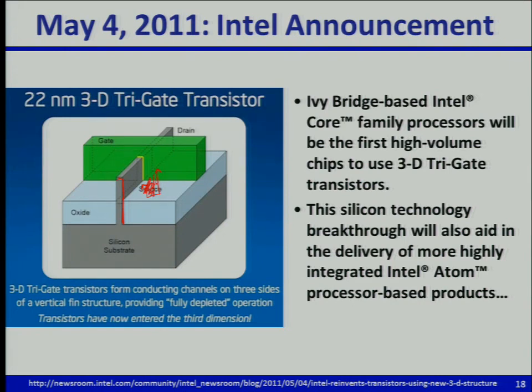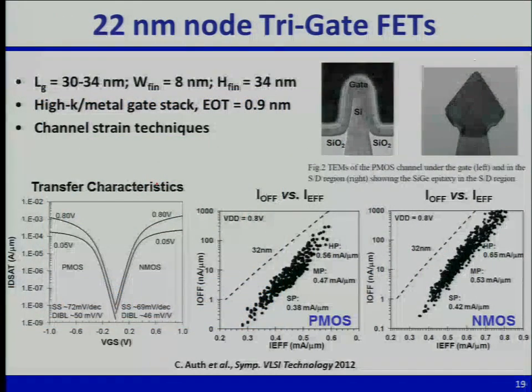All right, so these are cross-sectional micrographs of their FinFET. People were actually surprised when they first looked at this. It's not vertical sidewalls, it's sloped, okay? And the gate wraps around like that. But this is a cross-section through the source and drain region of a P-channel MOSFET.